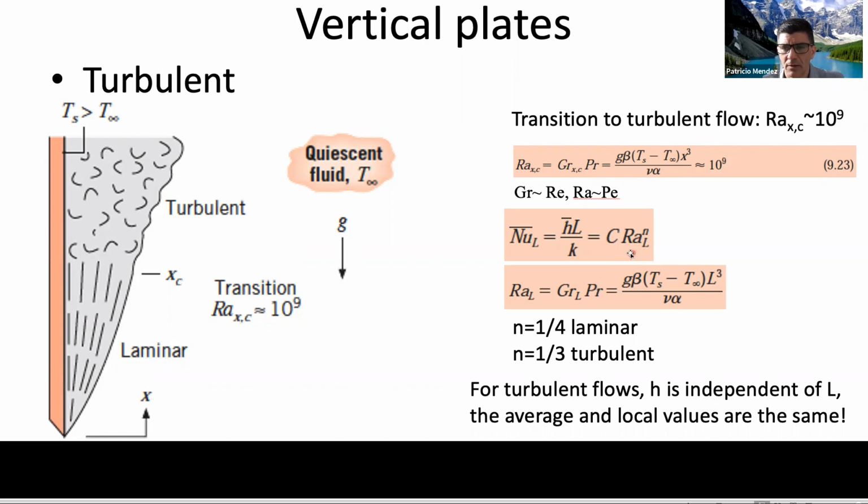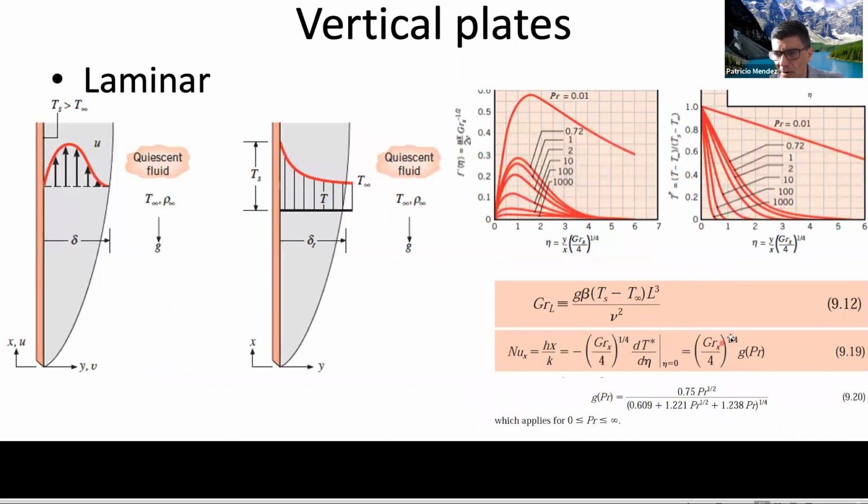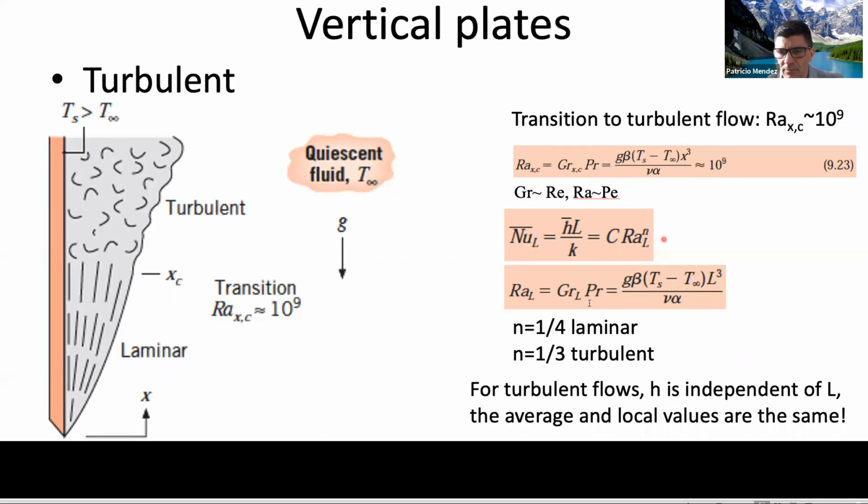So if Rayleigh is Grashof times Prandtl, in our previous case, in which we had Grashof to the 1/4 times Prandtl to the 1/4, was the same as saying that Nusselt is Rayleigh to the 1/4. And this is what they say in these empirical correlations. When we have laminar flow, we're going to do correlations with Rayleigh, and the exponent will be to the 1/4.